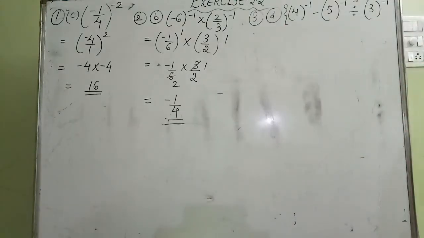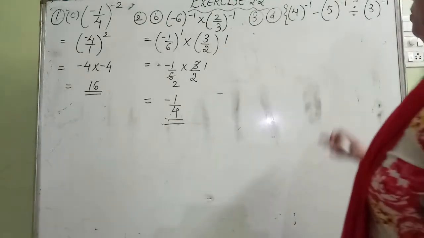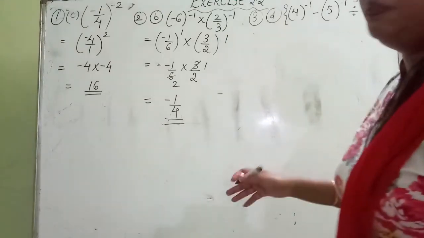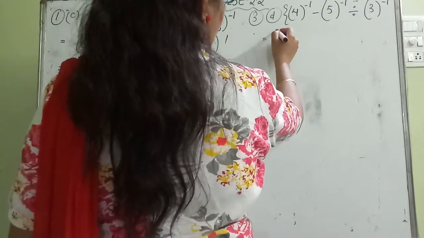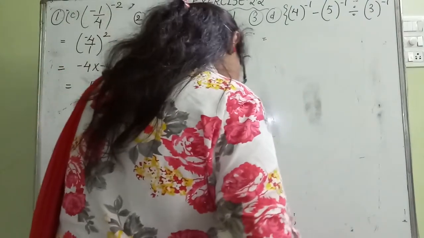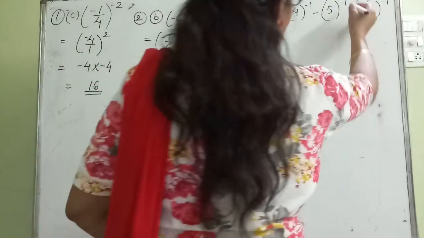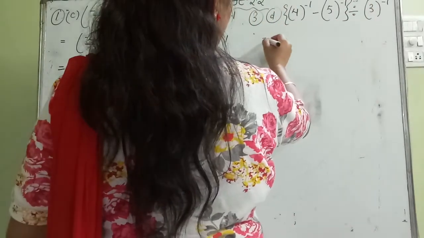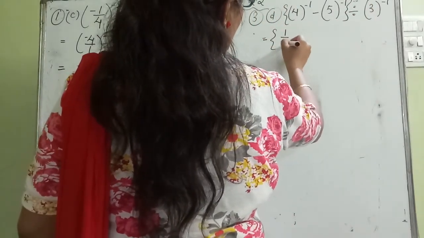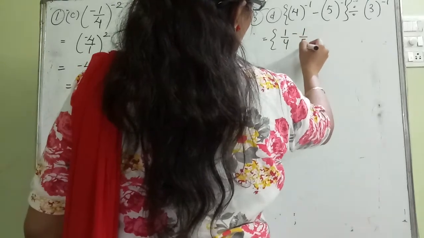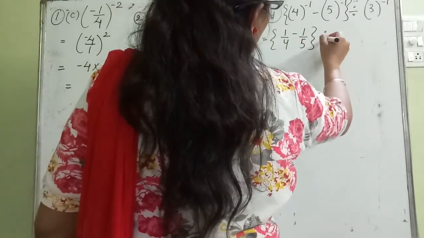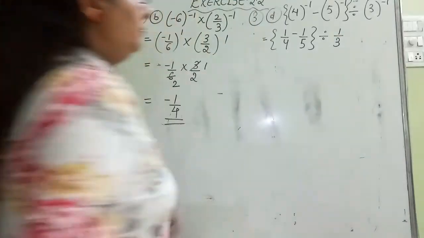We have to simplify it. Simplify means to the lowest term where we can solve it. We will solve till there. Now this will be equal to, here the bracket is closed, 1 by 4 minus 1 by 5 divided by 1 by 3.